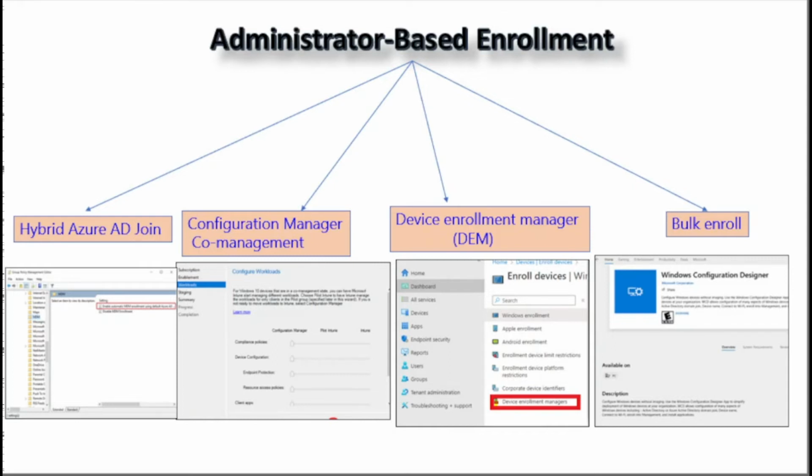A DEM account requires an Intune user or device-based license and an associated Azure AD user. Global administrators and Intune service administrators can add and manage the device enrollment manager in the Microsoft Admin Center portal.